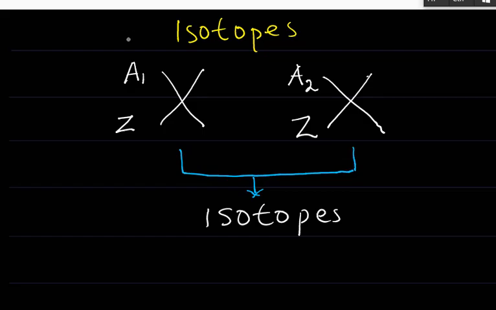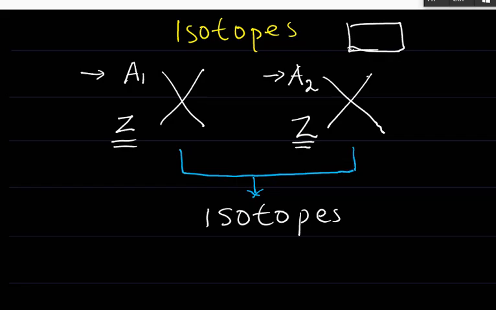Isotopy is the existence of atoms of an element with the same atomic number but different mass number. Remember, an element is made up of atoms. An atom is the smallest particle of an element. So we simply mean that an element can be made up of thousands or even millions of atoms, depending on the mass of the element.